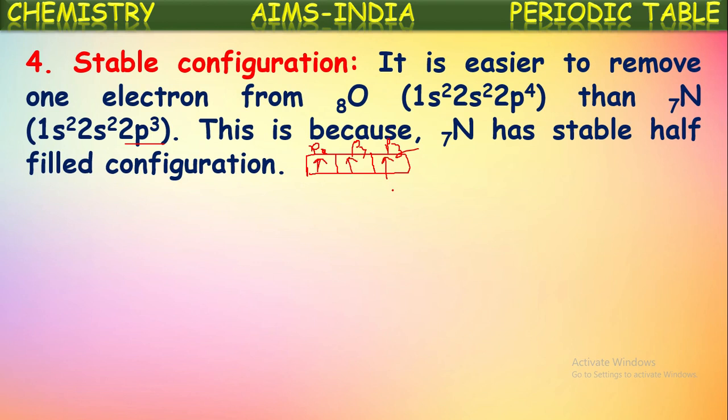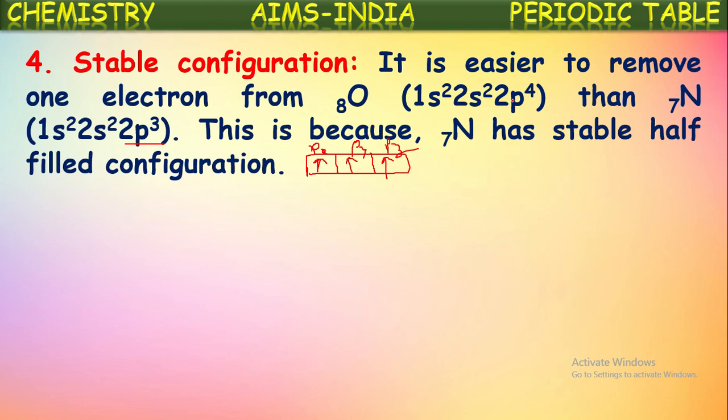This is called half-filled electronic configuration. Elements with half-filled or completely filled outermost orbitals attain some extra stability. Because of this extra stability, the removal of an electron becomes a little difficult from this element. That's why nitrogen has greater ionization energy or ionization potential than oxygen.